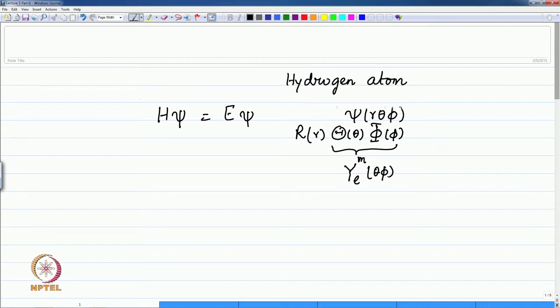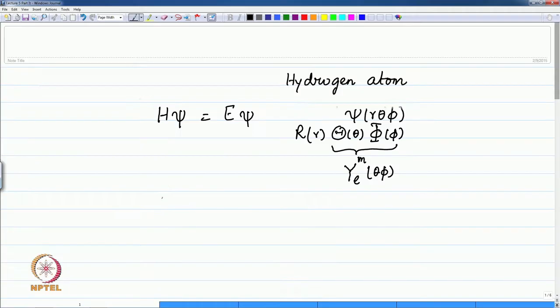Okay. So, this is the formal structure that we have for the solutions. When we solve these differential equations, the wave functions will depend on three quantum numbers n, l, m. These are the standard representations for the quantum numbers.